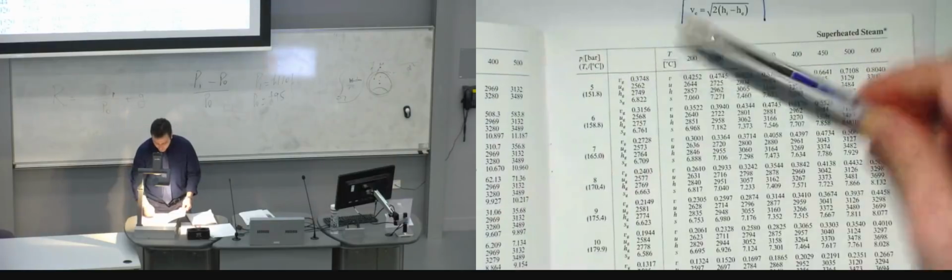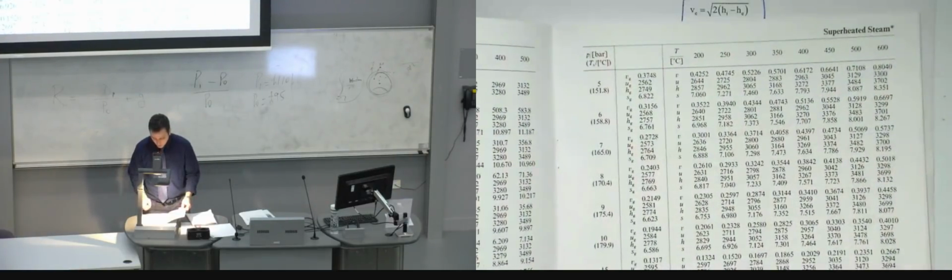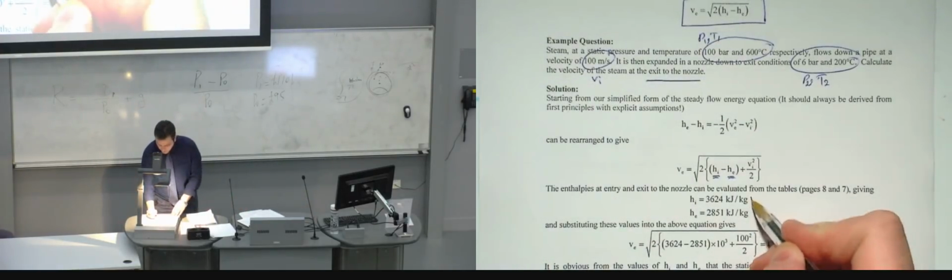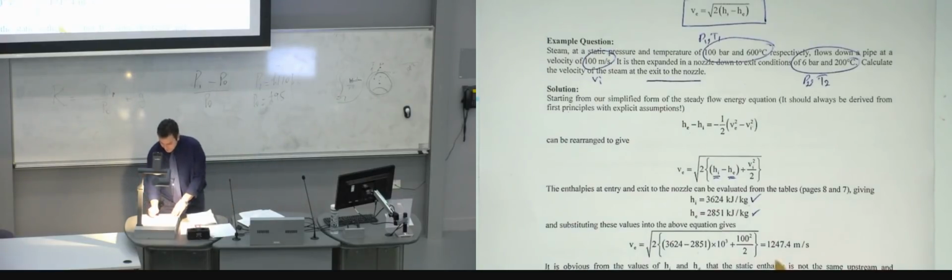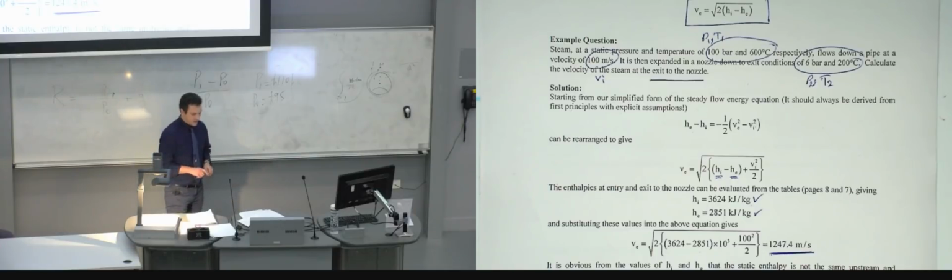You can read off what is the enthalpy, which is in this row, for example, depending on where you are. And you can easily find the two values of enthalpy. By inserting those numbers, you get your outlet velocity or the exit velocity.